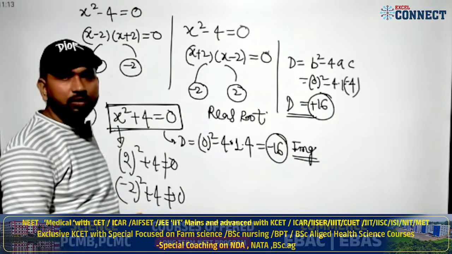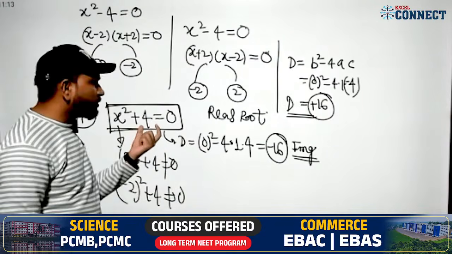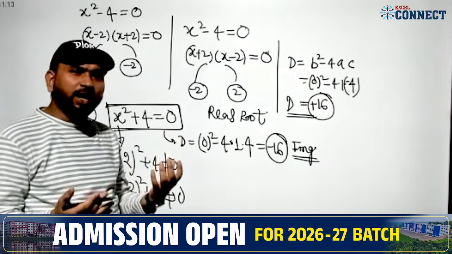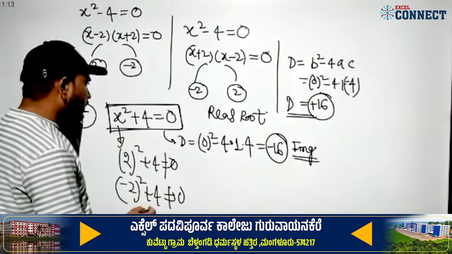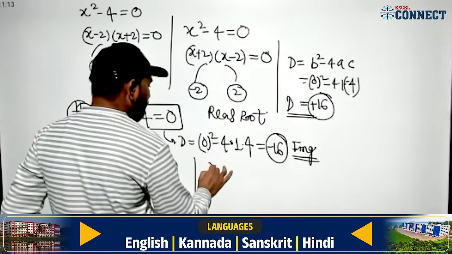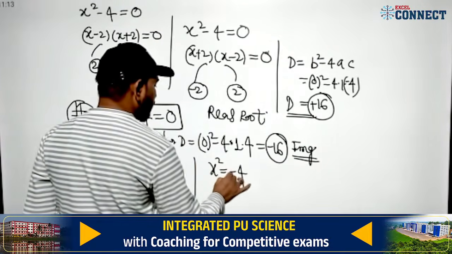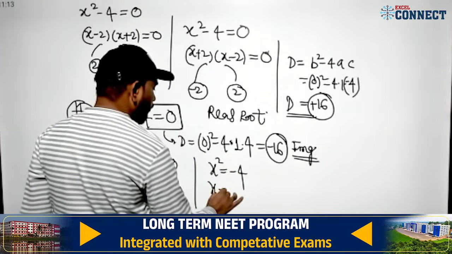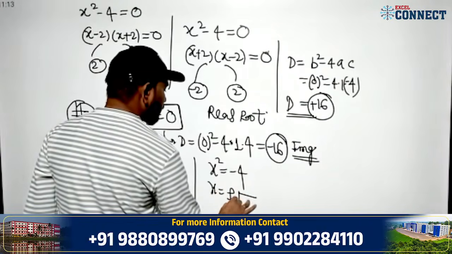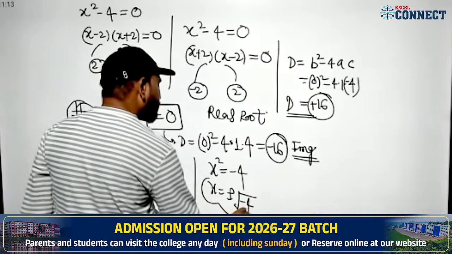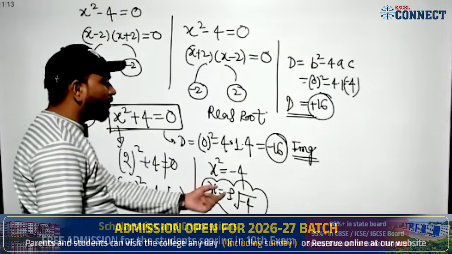Yes, we know this equation has no real root. But if I want to find x, some students say, sir, x square is equal to minus 4, so x is equal to plus or minus under root of minus 4. But now the problem is, what is the value of under root of minus 4?